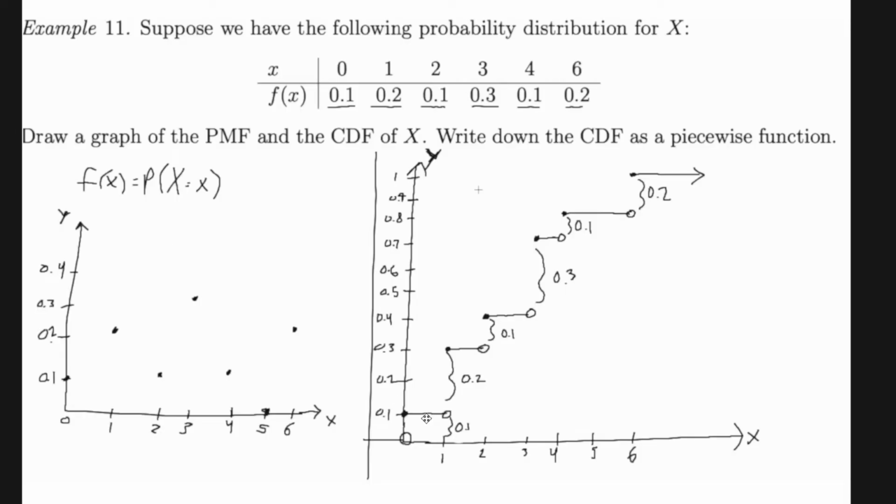So for the CDF, we start off with our first x value, which is 0. You can see that it is an open interval right here, and everything past that would be before 0. Now at 1, we start at 1.0. Going from 0 to 1, we have an increase of 0.1.